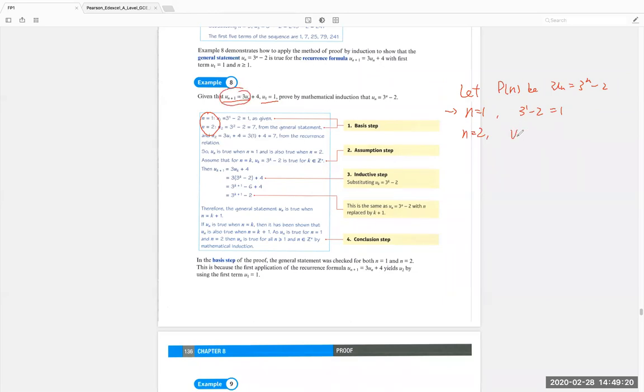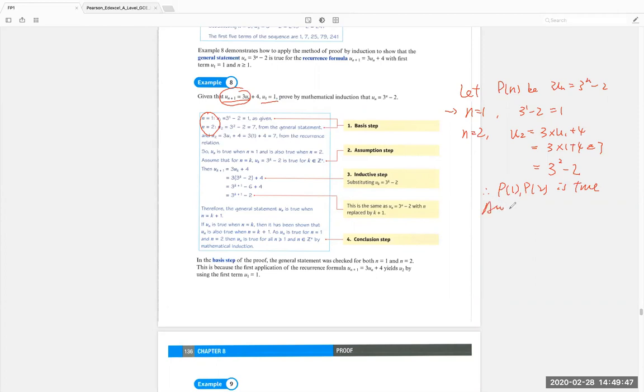U2 is 3 times U1 plus 4, that is 3 times 1 plus 4, that's 7. So it's equal to 3 to the power 2 minus 2. So you say that P1 and P2 are true.